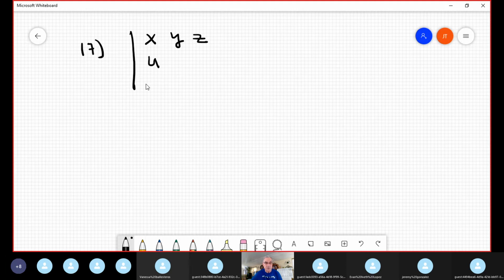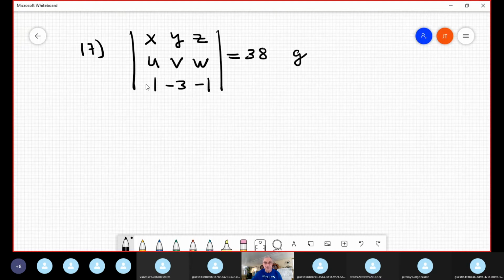u, v, w; 1, minus 3, minus 1. And this is equal to 38. This information is given. And they want you to compute another one that is similar, a family.